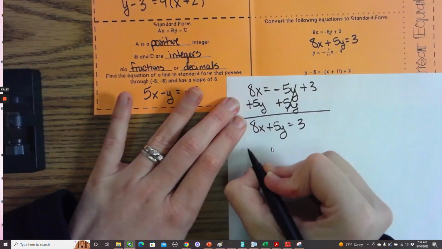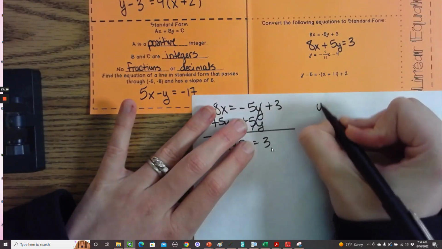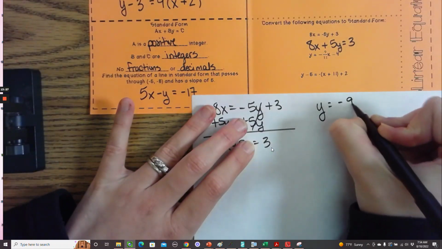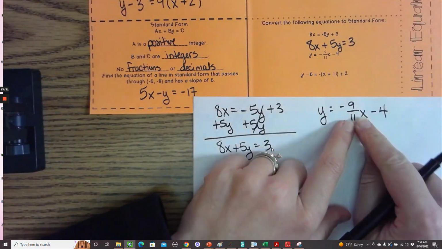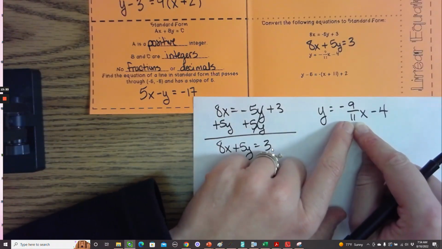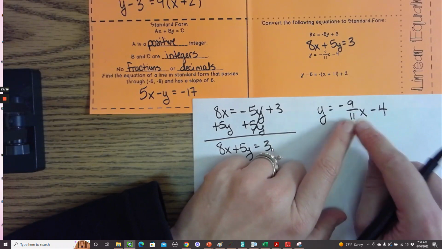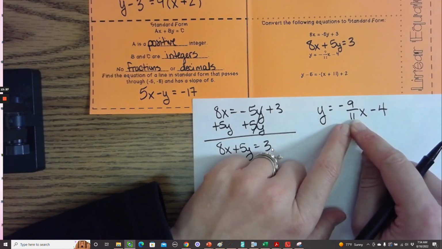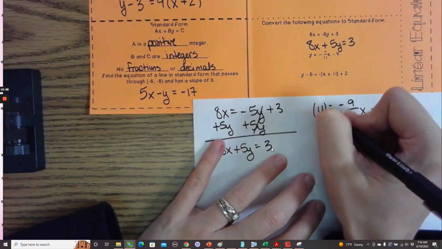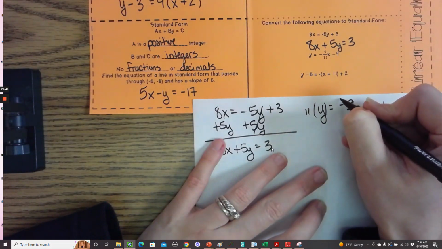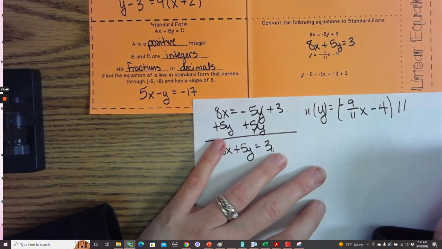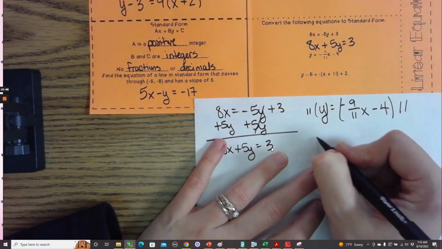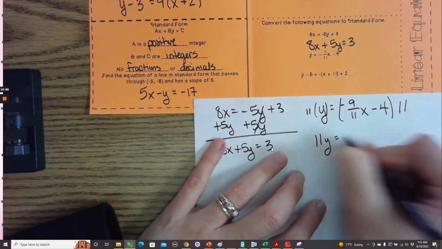All right, y equals -9 over 11x minus 4. As soon as you see a fraction, get rid of it. To get rid of this fraction, I need to multiply everything by 11. So y is going to get multiplied by 11, and then everything over here is going to get multiplied by 11. So 11 times y, 11y.